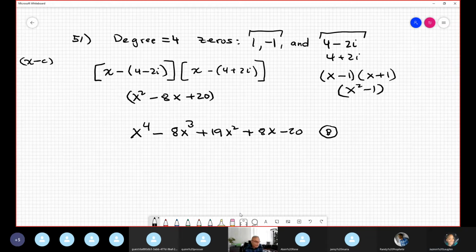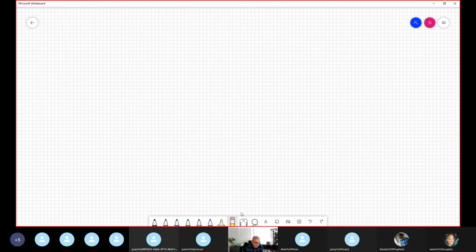Okay, guys. Let's go to 52, 53, 54, 55, 56, and 57, which basically is: find all zeros of the function and write the polynomial as a product of linear factors. Oh, this is the same thing, but a little bit different. Let's practice.